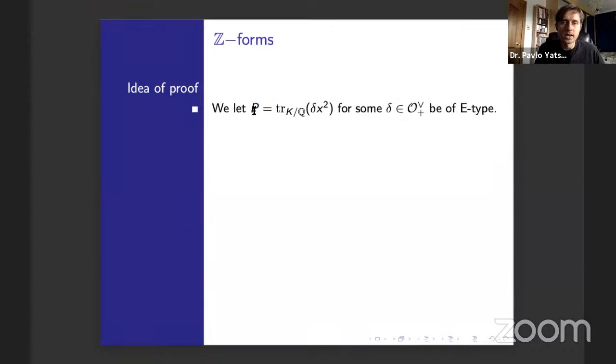We let it be the trace of delta x squared, where delta is a totally positive element in the codifferent. And we assume this form is of E-type, so it's going to be a rational integer form. Based on this assumption, we can say something about these elements in the codifferent. So we can restrict them. For example, we can say they should be units.